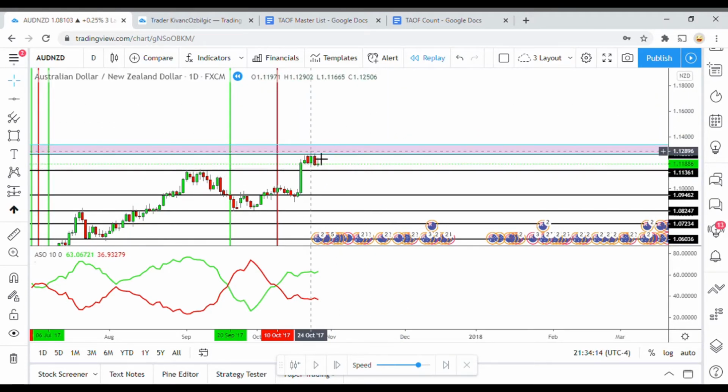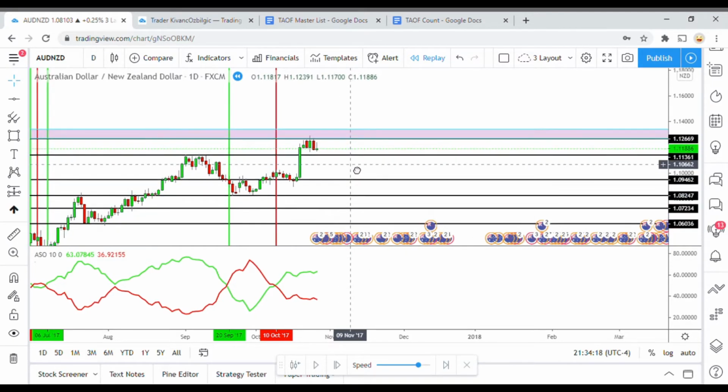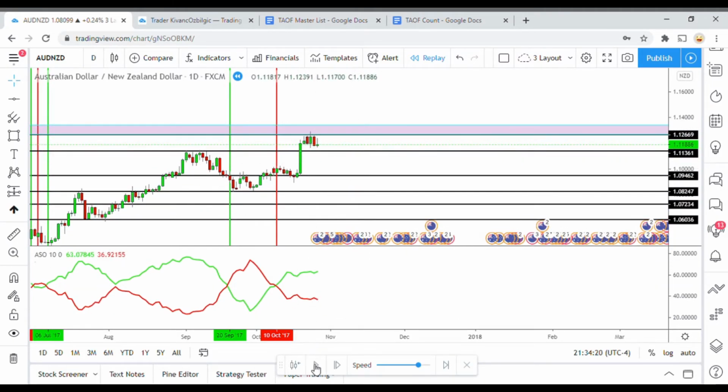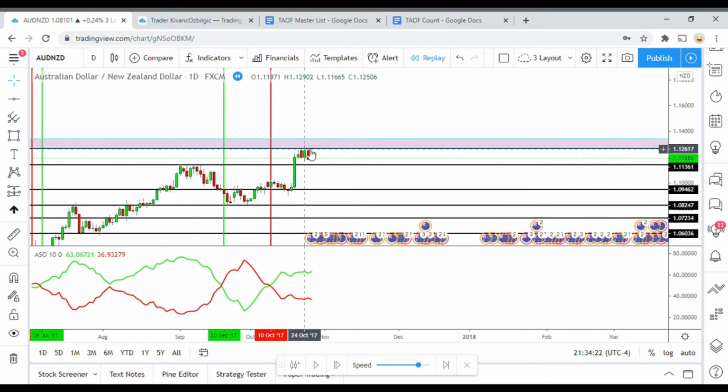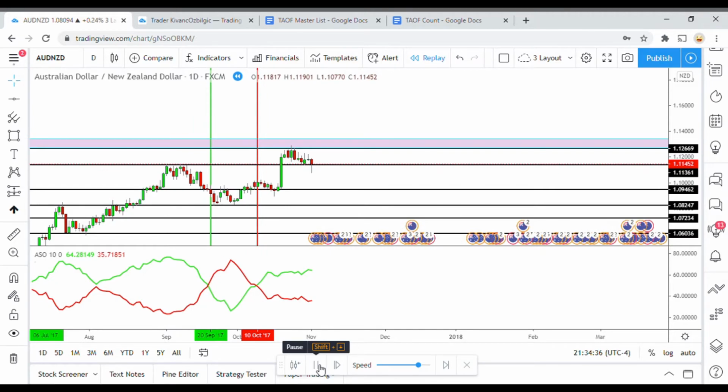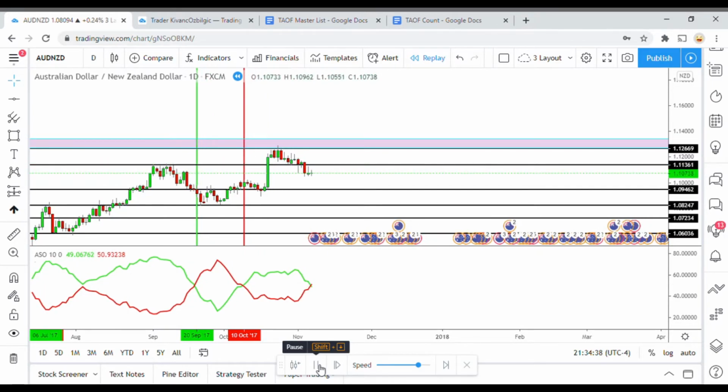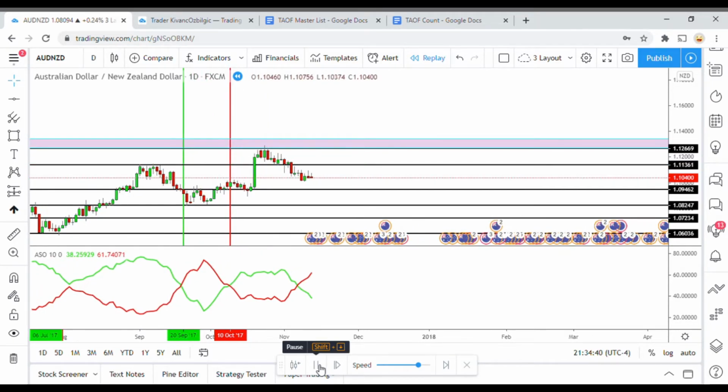It would be very surprising if it breaks up above this area. More than likely it is going to bounce off this area and start to trickle its way downward some. But of course, it could happen. It's definitely possible. Nothing is for certain when it comes to trading in any market.